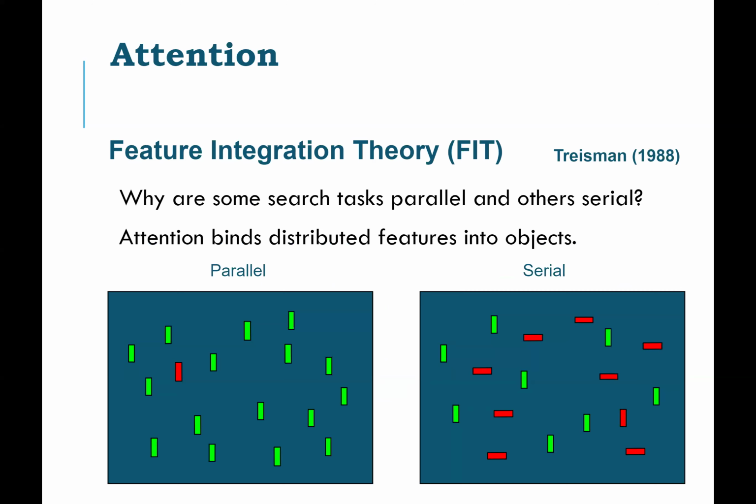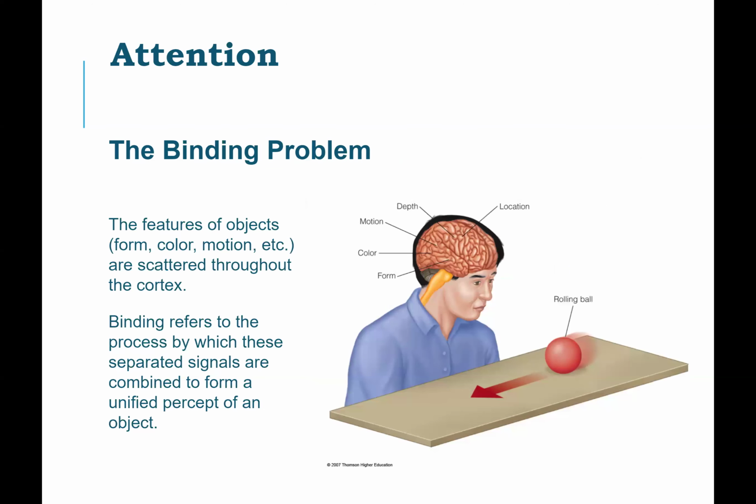To put together a lot of these findings, the feature integration theory of attention was proposed, and to this day a lot of people still think of attention this way. As we talked about in the context of distributed representation, a lot of features are distributed in the visual area.